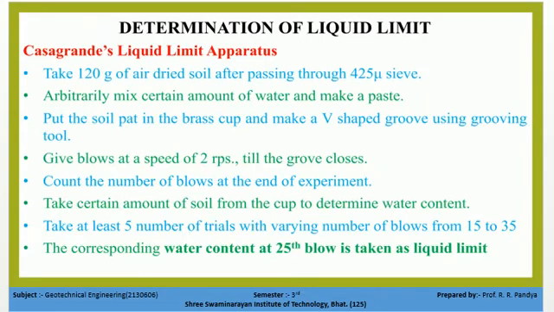Now, let's take a look at the determination of the liquid limit using the Casagrande liquid limit apparatus. What do we have to do for this test? First of all, we have to take 120 grams of air dried soil sample after passing it through a 425 micron sieve.